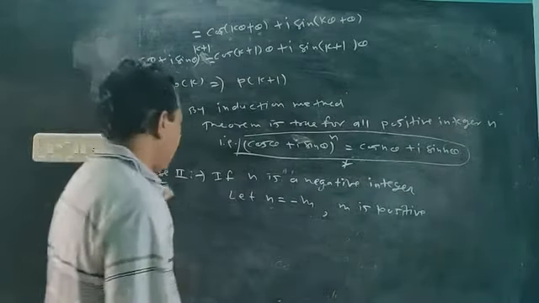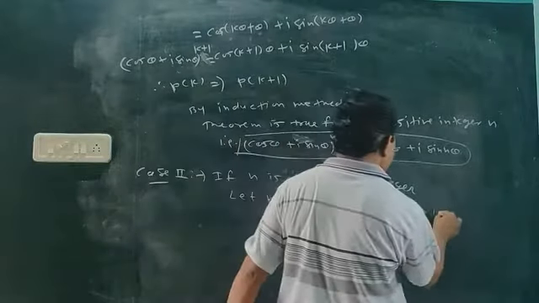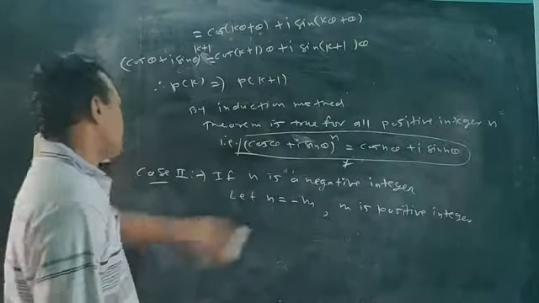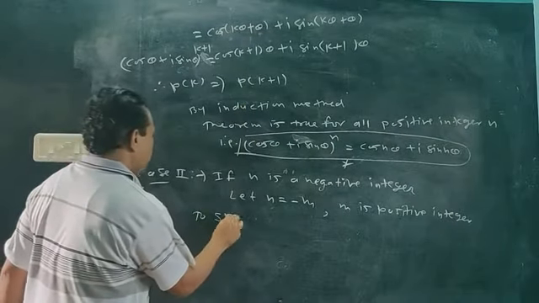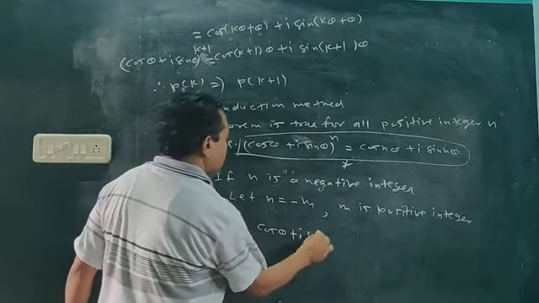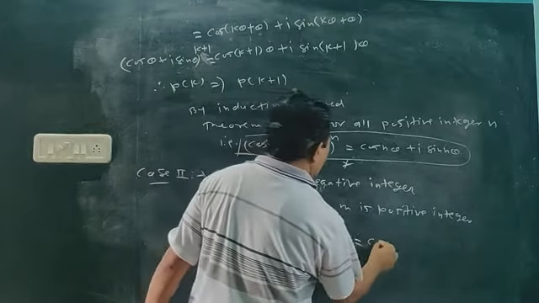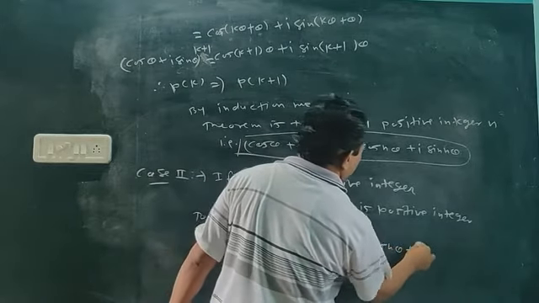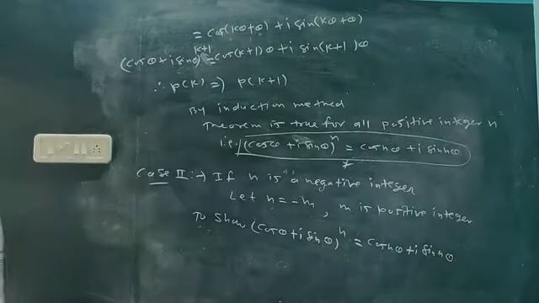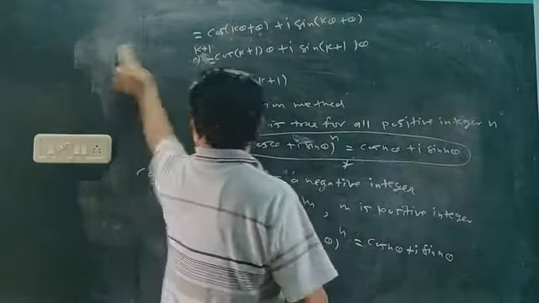So minus m, minus times m, m of course a positive integer. Then let us show the same theorem: (cos theta plus I sin theta) to power n equals cos of m theta plus I sin, so the negative case.